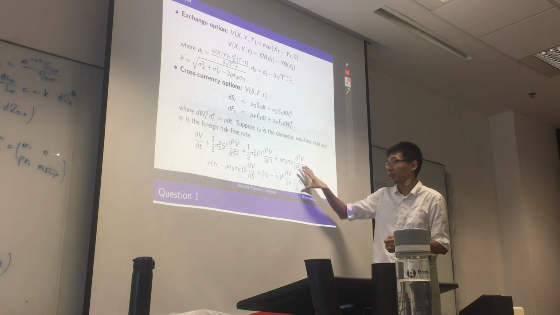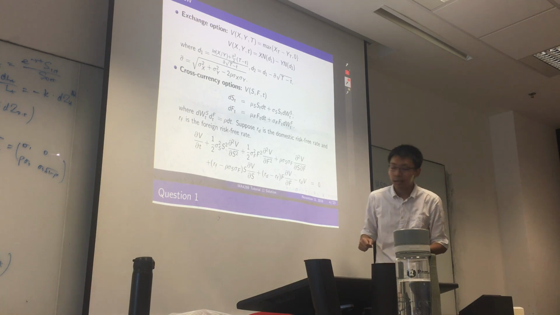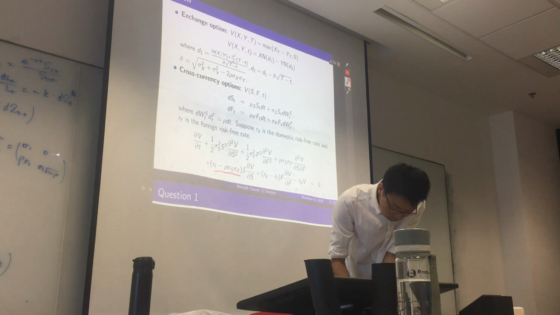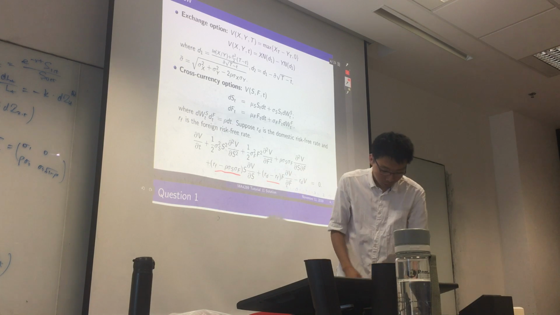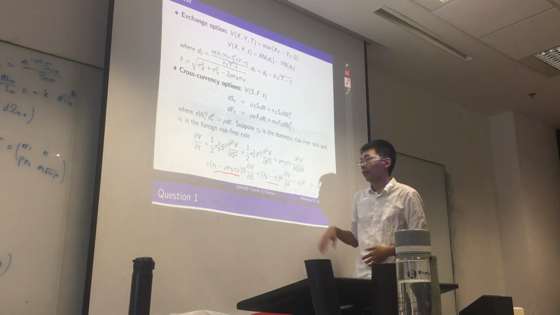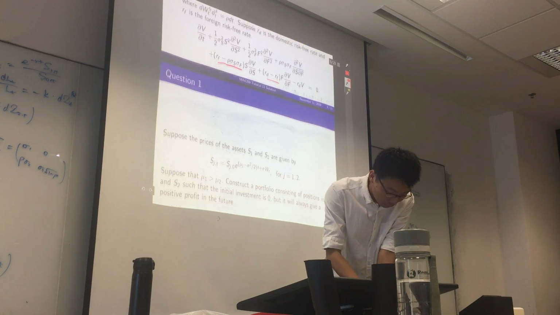Every term here will show up in the dt term. Later in question 4, we will explain why this term is rf minus this number and why this term is this number. We did it by direct hedging in our lectures, but later we'll see it agrees with the Ito's lemma results.